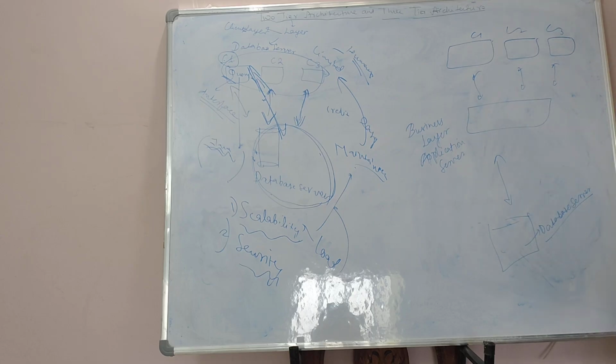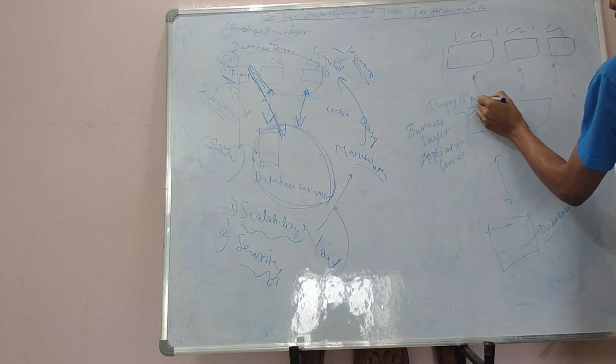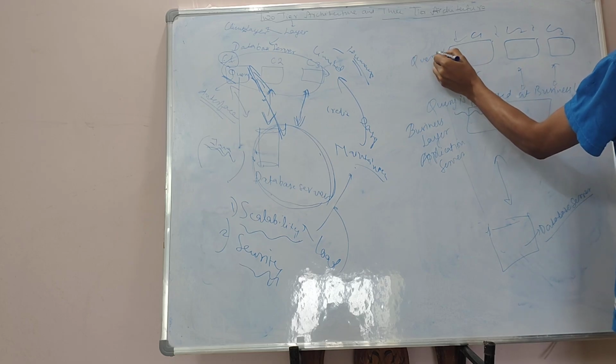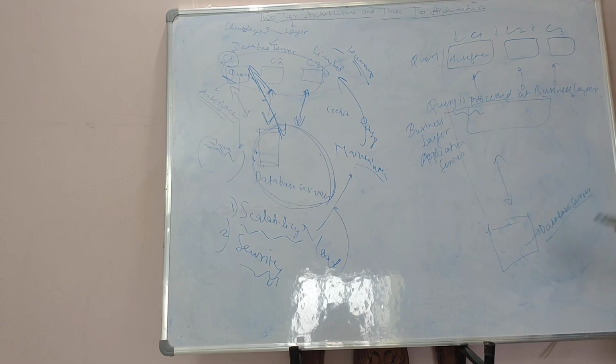Suppose my normal users again come with a query to the clients. Now this time my query will not go directly to the database. This time my query will go to my business layer. The business layer supports the interface. The query is actually processed here, at my business layer. Once I give my query in the interface in any language, the query will be processed at the business layer.